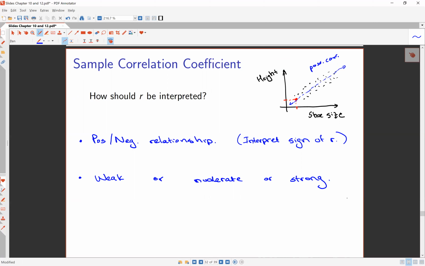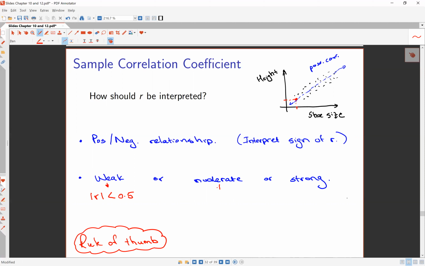Now, there are no absolutes here in terms of how the correlation should be interpreted. The best we're going to do is create a rule of thumb for interpretation in this class. This is not a rule that will always be applicable in all situations. It will guide our interpretation in this class. Anything with a correlation where the absolute value is less than 0.5, we will consider that to be a weak correlation.